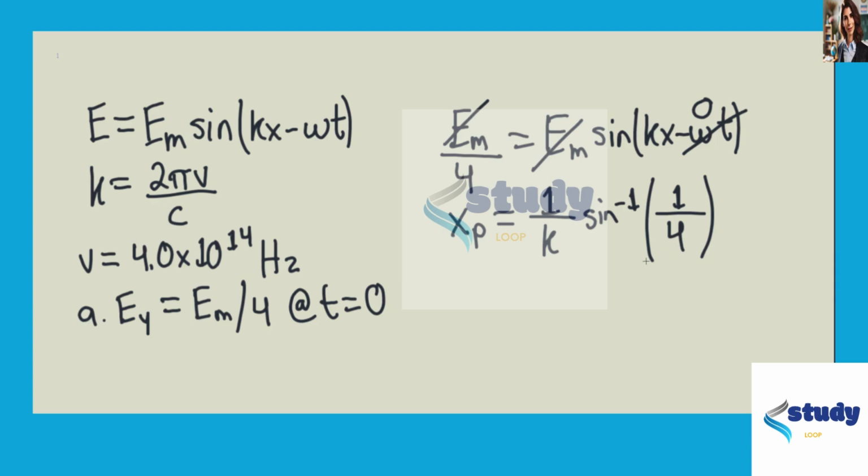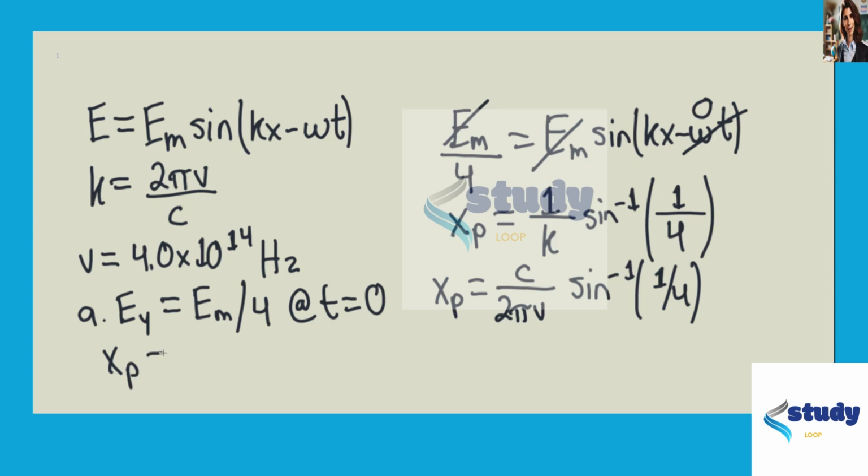We can then solve and say x_p would be equal to c, the speed of light, divided by 2 pi times the frequency of oscillations times, again, arc sine of 1 over 4.